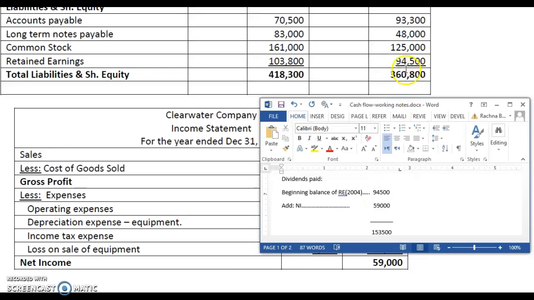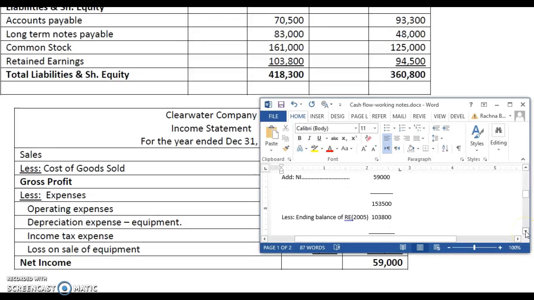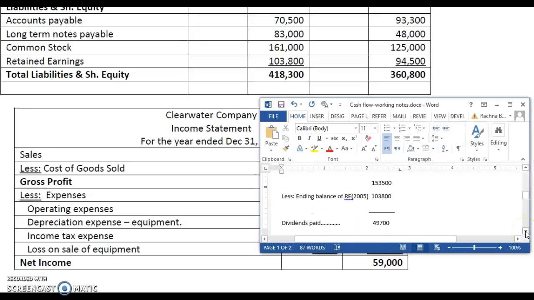So 94,500, which is the retained earnings beginning balance in 2004, plus 59,000 net income gives us 153,500. From 153,500, you will deduct the ending balance of retained earnings, which is 103,800 in 2005.